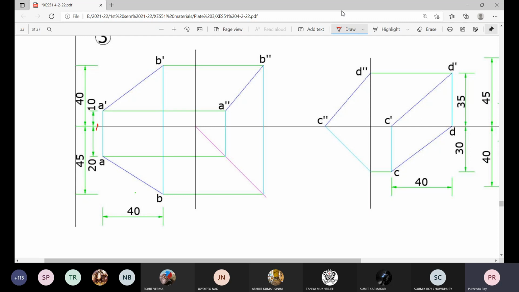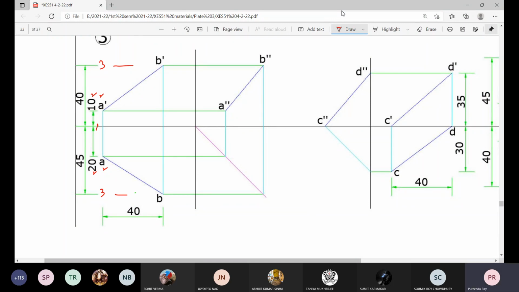Step 2 is at a distance of 20 millimeter, 10 millimeter, identify this plan and elevation of point A. Step 3 is draw a horizontal line at a distance 40 millimeter above GL and 45 millimeter below GL.